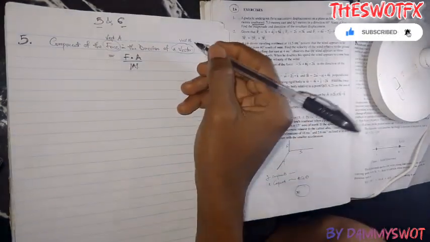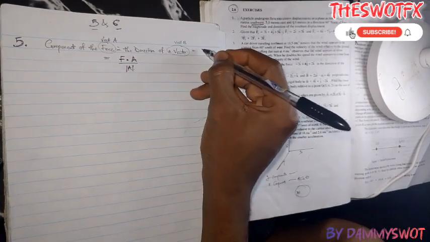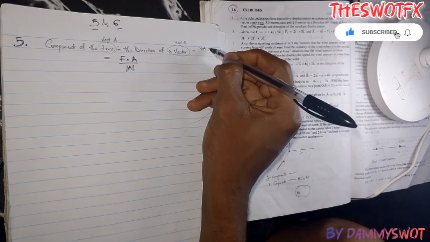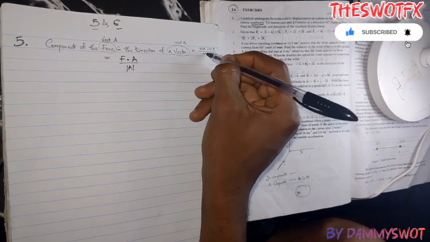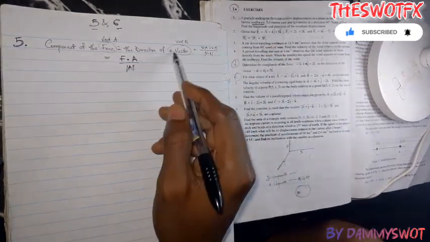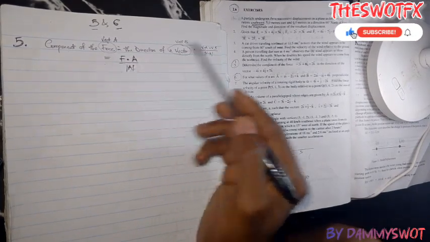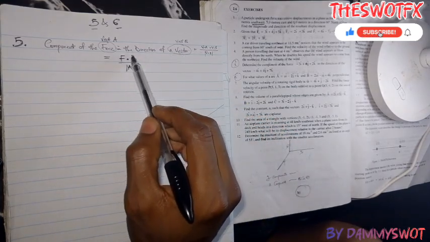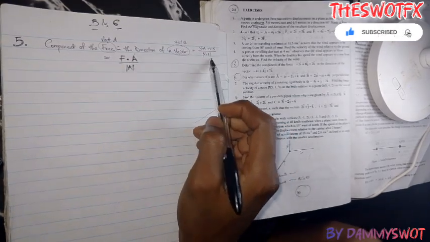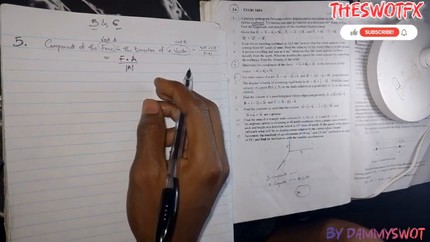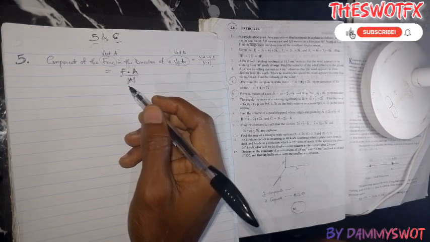So indirectly, the formula for the component of force is supposed to be written as vector A dot vector B over the magnitude of vector B. So it could be in the direction of vector A. Whichever one, just know that the one in the direction is going to be the one under, just like projection of vectors. That's literally what we're talking about.